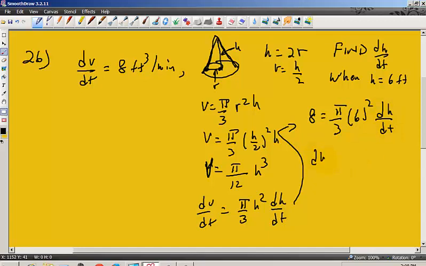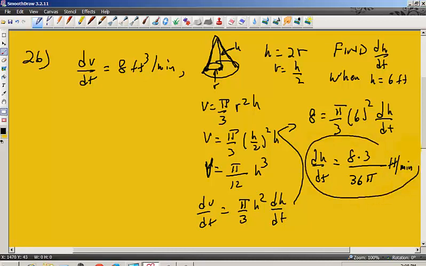So my dh/dt turns out to be 8 times 3, all that over 36 pi. And this will be in terms of feet per minute. Again, short sentence. Yes, sir.